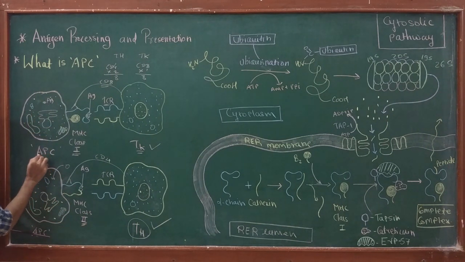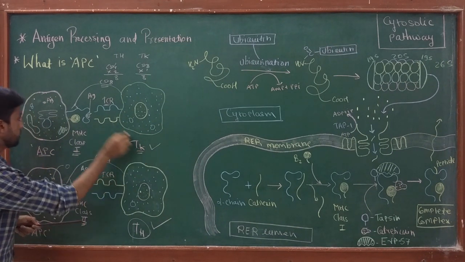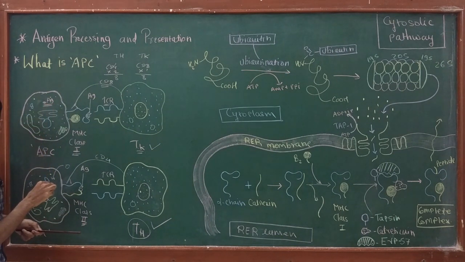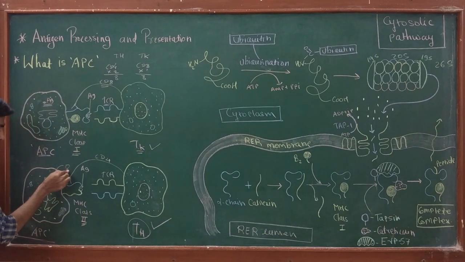Remember that the antigen presenting cell which presents the antigen to the T killer cell always processes intracellular antigen, while the antigen presenting cell which presents the antigen to the T helper cell processes extracellular antigen.